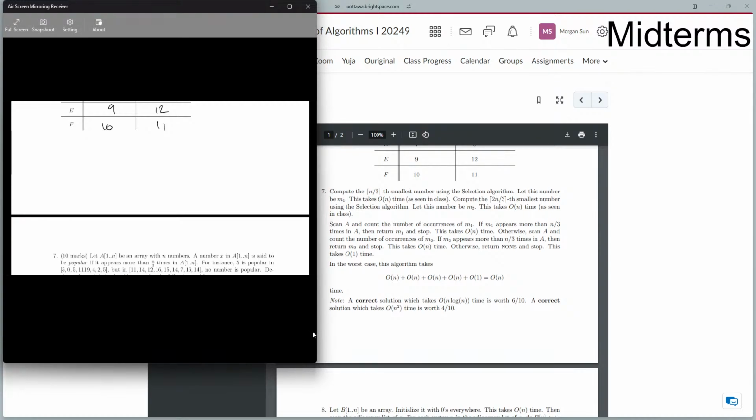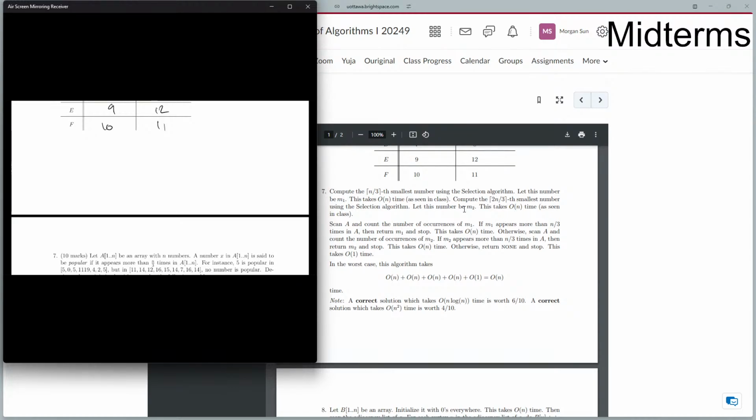Okay, so I guess you quick select 4 times. Okay, log n is worth 6 out of 10. That doesn't compute, 2 times n. What the heck? M1 occurs more than n times 3. Okay, you know, this is a neat solution, I would call it.